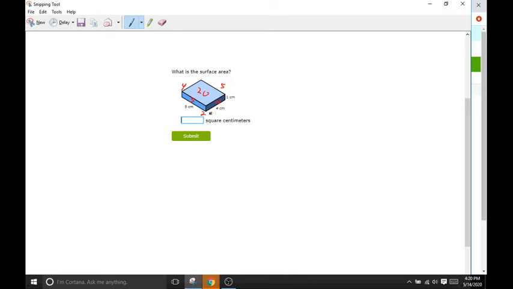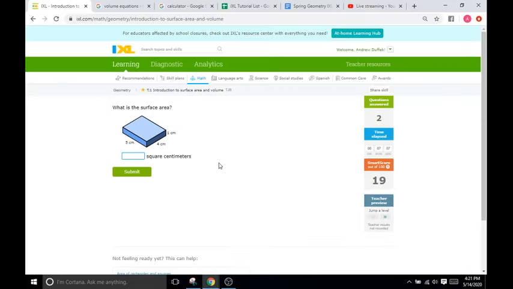And the same with underneath. So we have 4 plus 5 plus 4 plus 5 plus 20 plus 20. 20 plus 20 is 40, plus 5 is 45, plus 5 is 50, and plus 4 is going to be 58. So we'll go back and do 58.